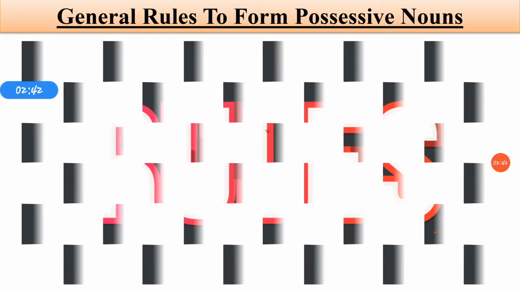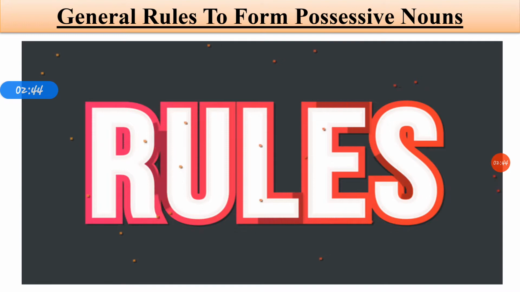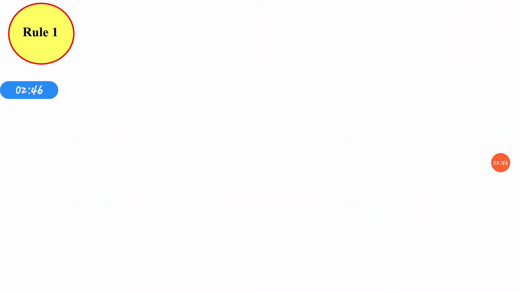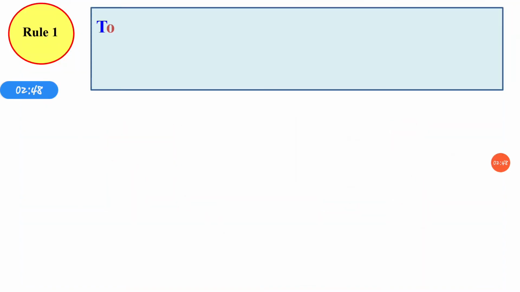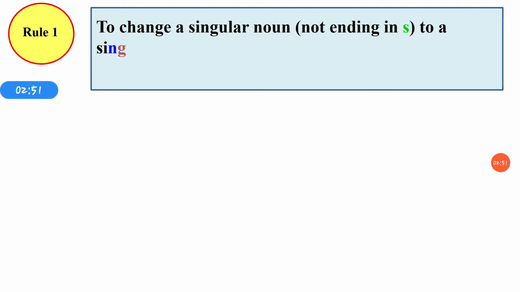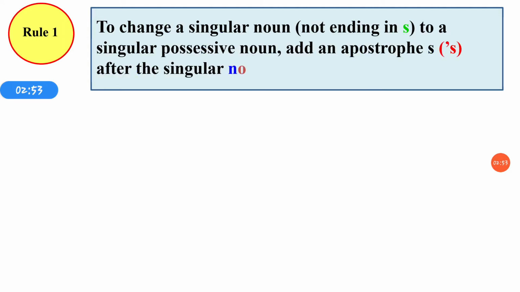Here are some general rules to form possessive nouns. Rule number 1. To change a singular noun not ending in s to a singular possessive noun, add an apostrophe s after the singular noun.